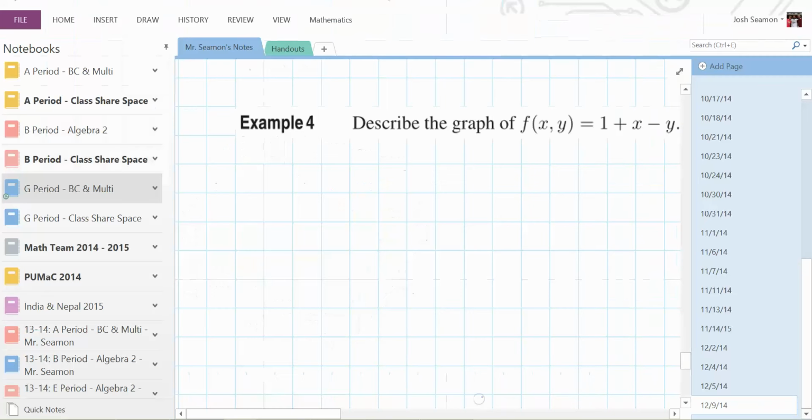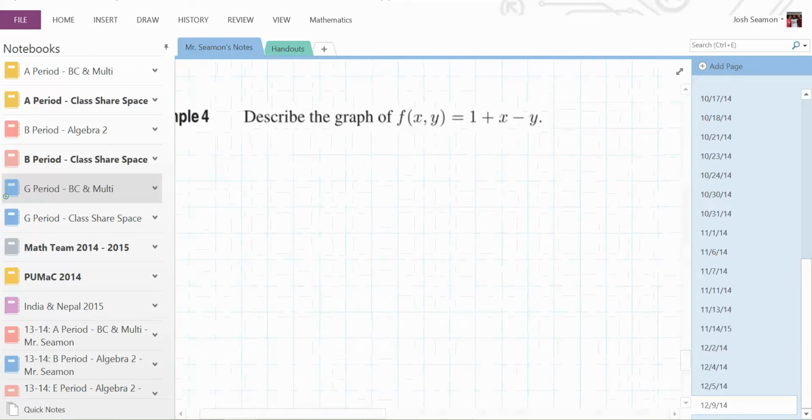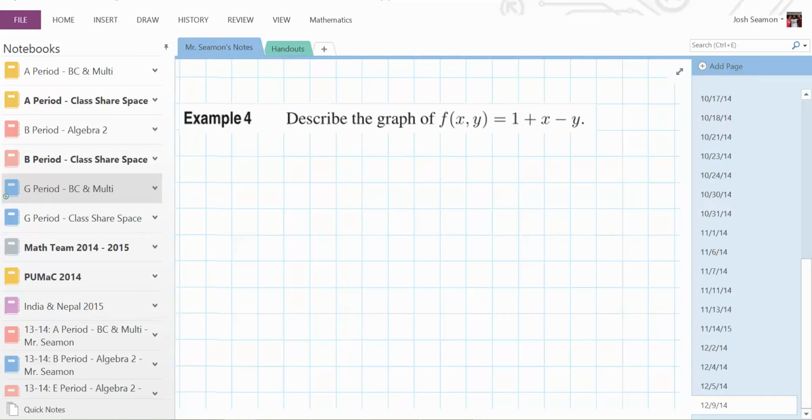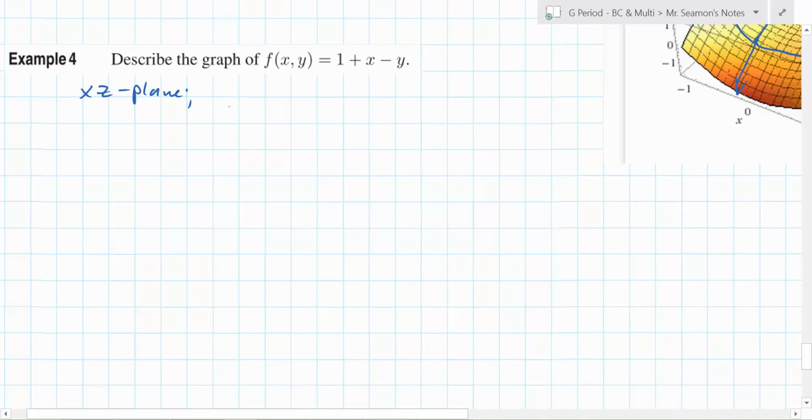So let's draw where they intersect the xy, xz, and yz planes. So the xz plane, that's when what value is 0? Oh, no, sorry. Y is 0. So what's that going to be? z equals 1 plus x. So what about the yz plane? That's when x is 0, right?